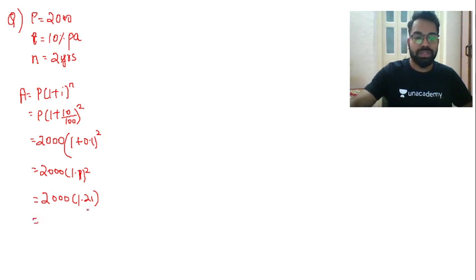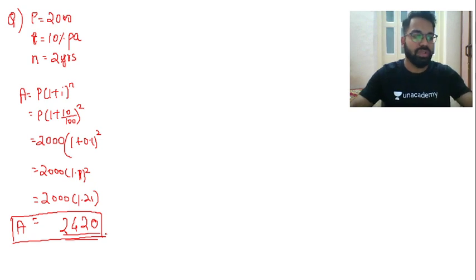If you multiply this, it is nothing but 242, 2 zeros, and this decimal cancels, so this is 2420. This will be the amount after compounding for 2 years. So this is basically the final answer for when compounding is done annually.